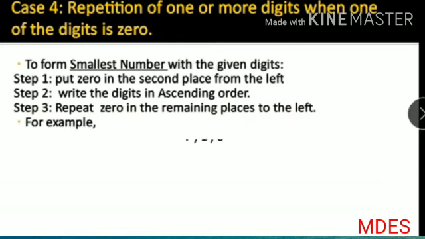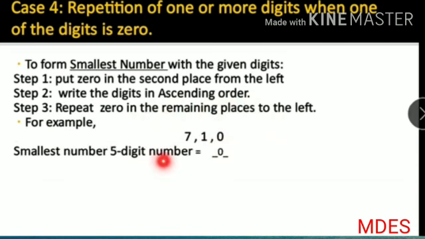For example, we have 3 digits, out of them 1 is 0. For the smallest number of 5 digits, first of all, write 0 at the second place. Arrange the digits in ascending order, like 1 and 7, with 0 at the second place.